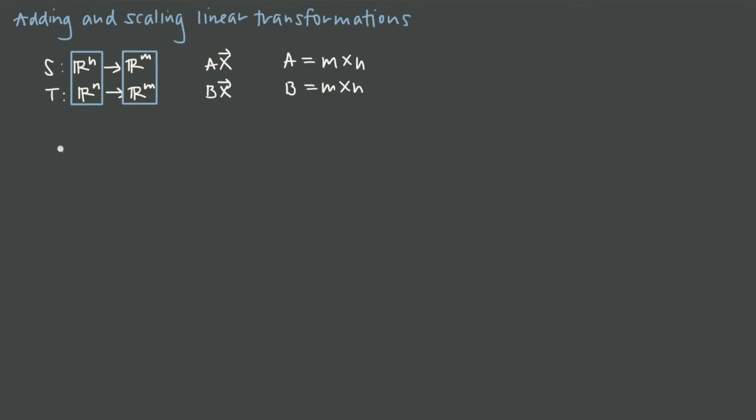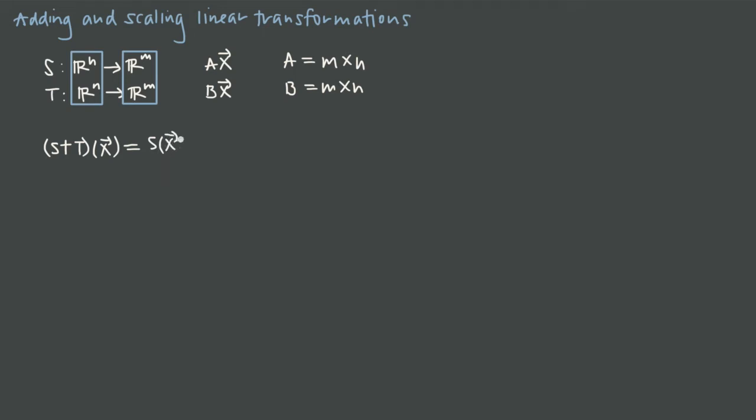So the sum of S and T, we could write this way. We could say the sum of S and T of the vector X. In other words, when I take the transformation of X using the sum of the two transformations, that's the same thing as taking the sums of the individual transformations.